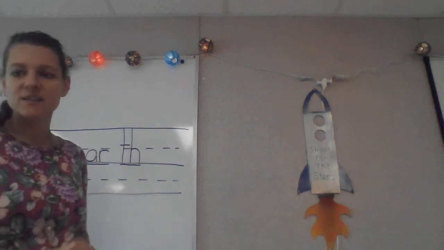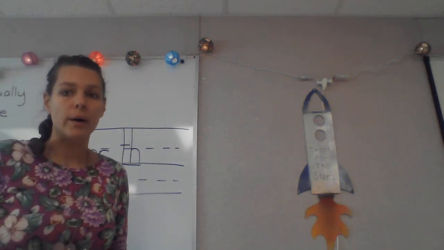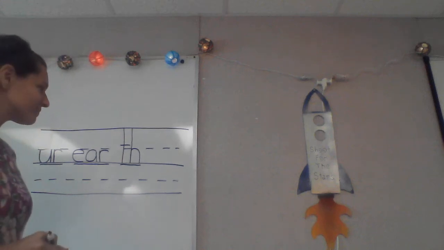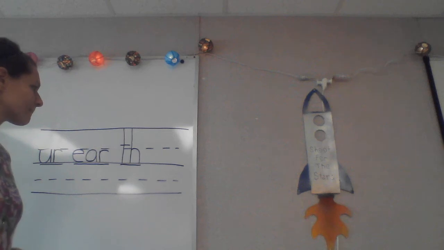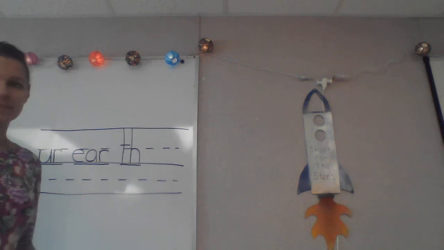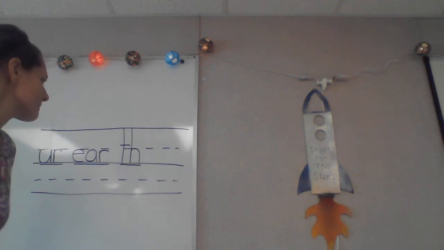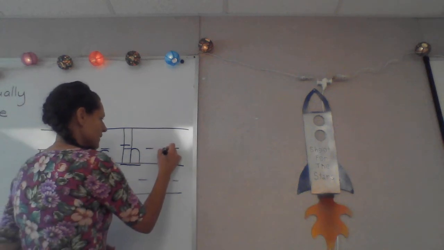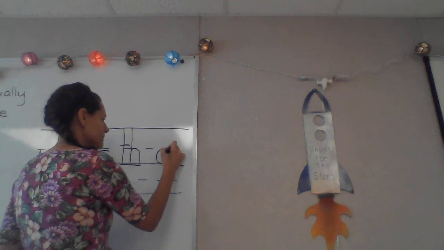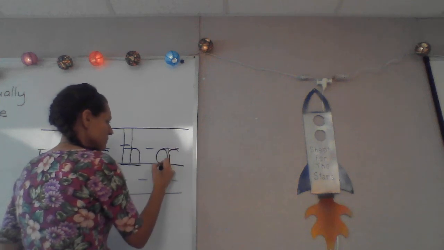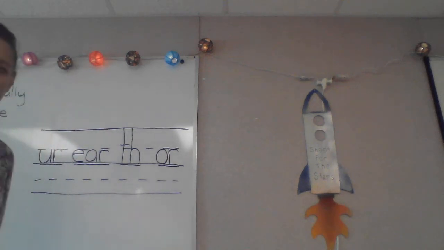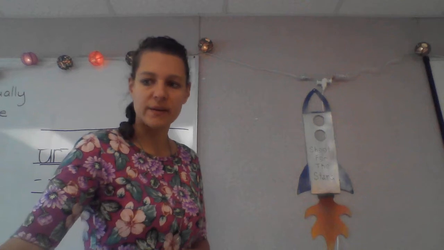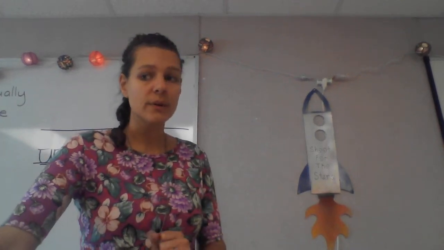All right, the next one is or. This is our or. All right. And our last review one, before we learn some new ones, is a 2-letter A that we do use at the end of English words.